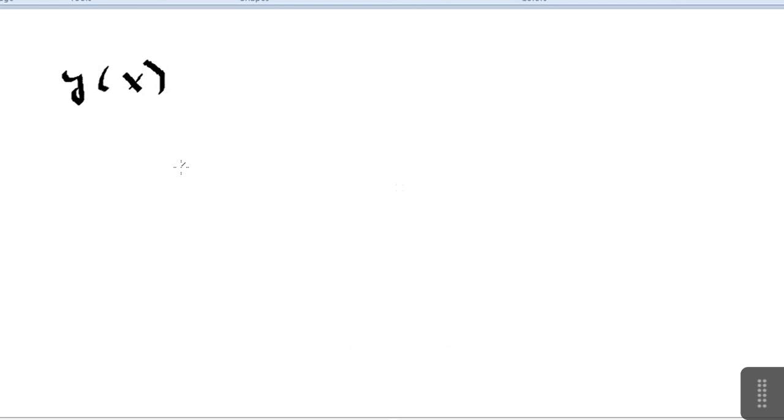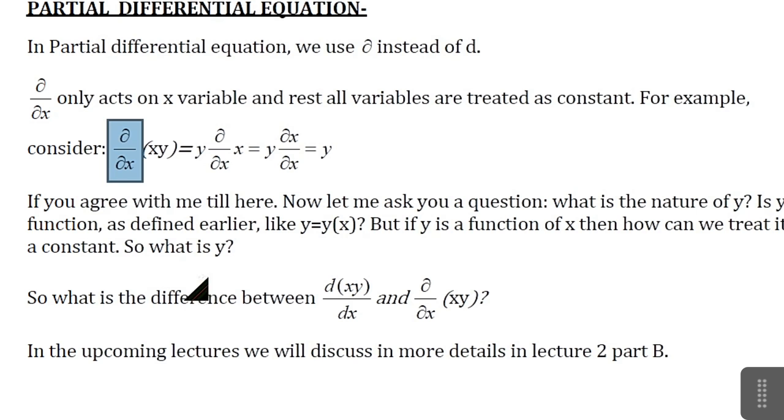Now if y is a function of x, then how dare we take y as a constant and take it out of this partial operator? We should not dare to do this, because y is a function of x.